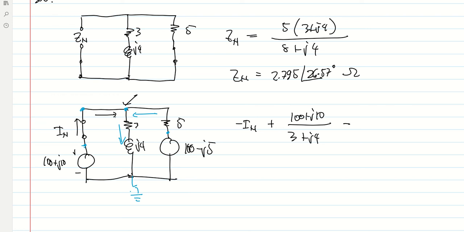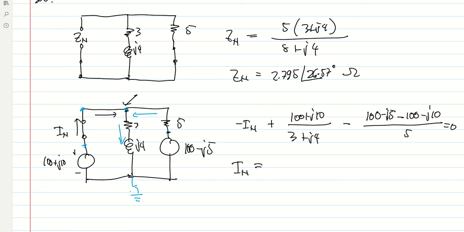And that current is just equal to the voltage here, which is 100 minus J5, then we subtract the voltage here, which is 100 plus J10, so minus 100 minus J10 all over 5. And this should be equal to 0. And we can now solve for IN.